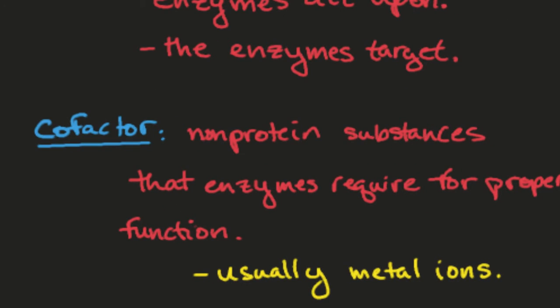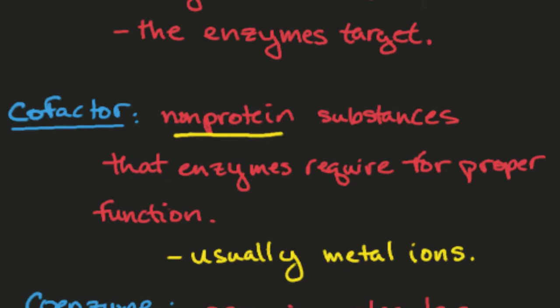Cofactors. Cofactors are going to be non-protein, that's the key there, substances that the enzymes require for proper function. I apologize, it's 2:30 in the morning and I've worked a full day. So, non-protein substances that enzymes require for proper function, metal ions.